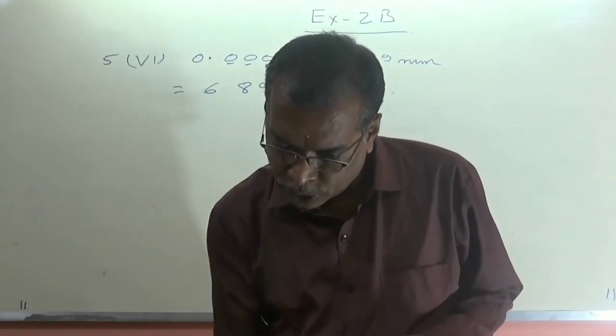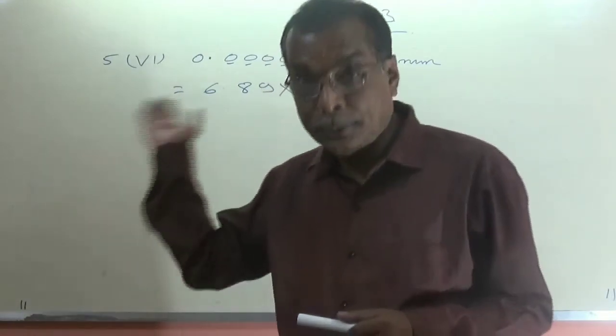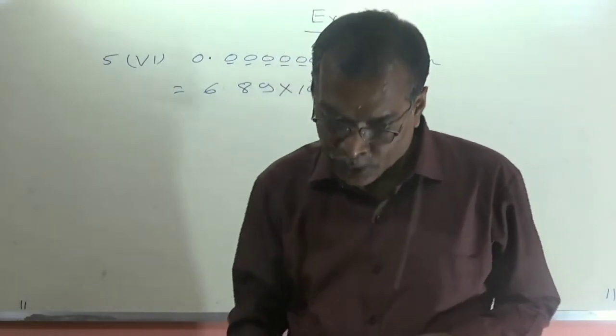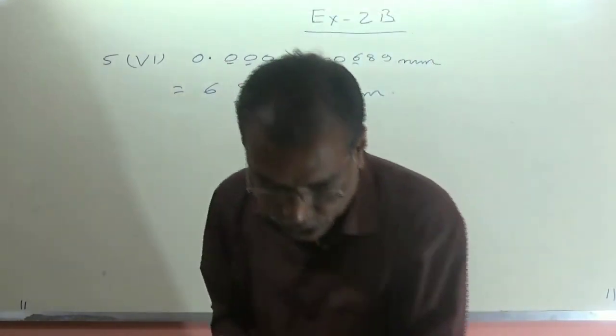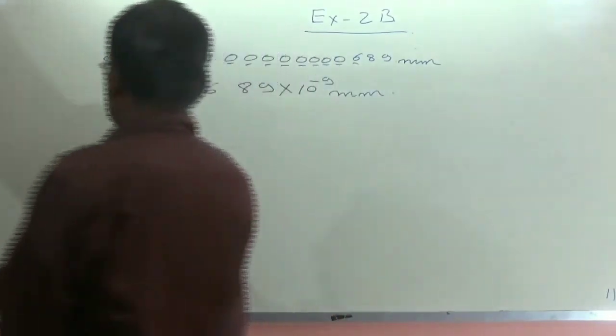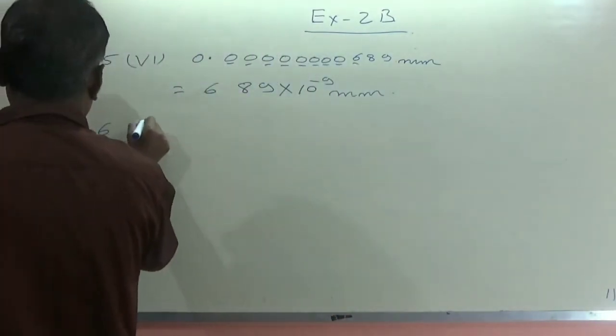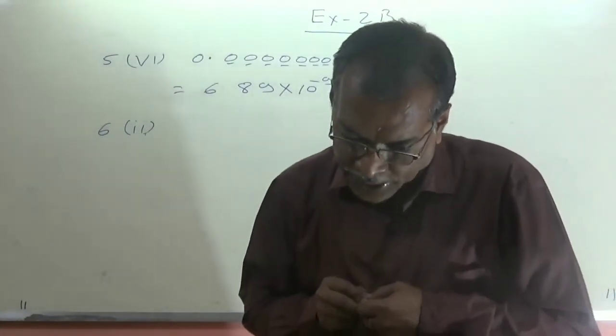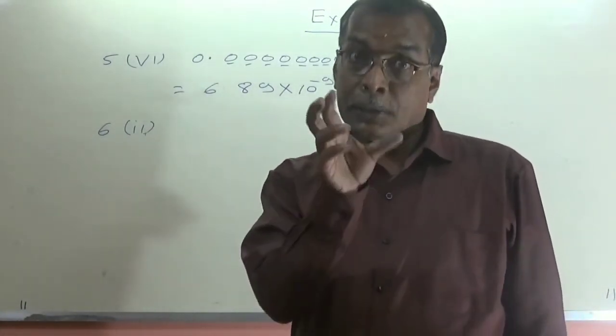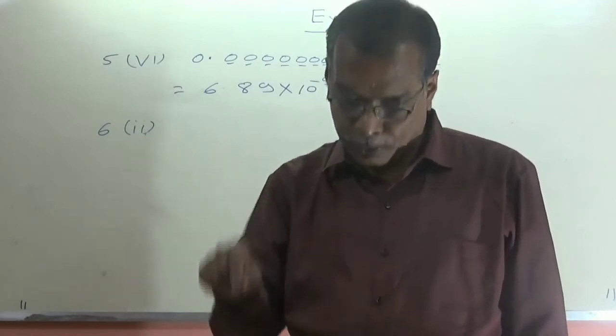Now the next question is the same type of question, as I told you, that is digits. It is a virus. Now one question is here. Question number 6, second one. The question says that the size of a bacteria, in spite of virus, now it is written bacteria.